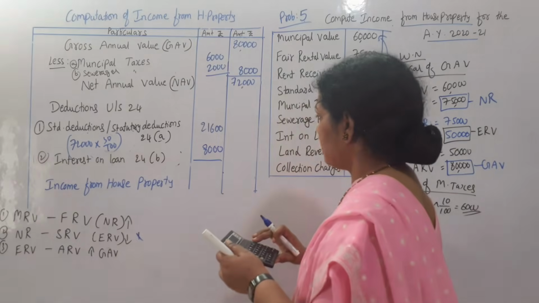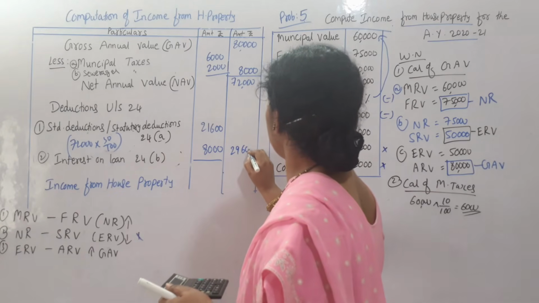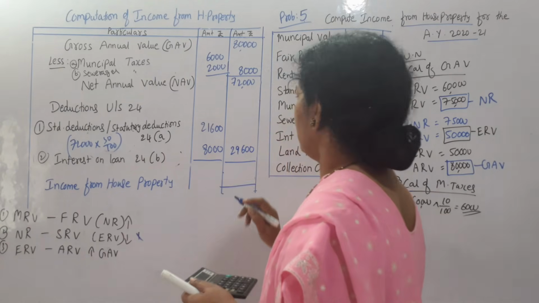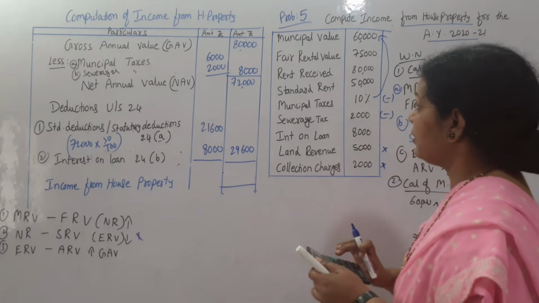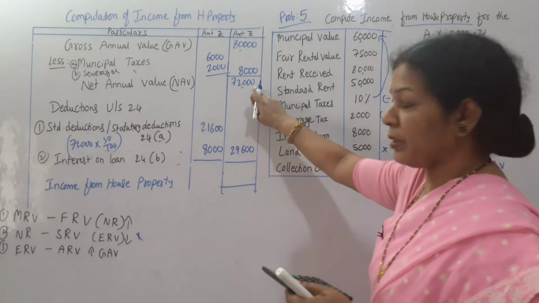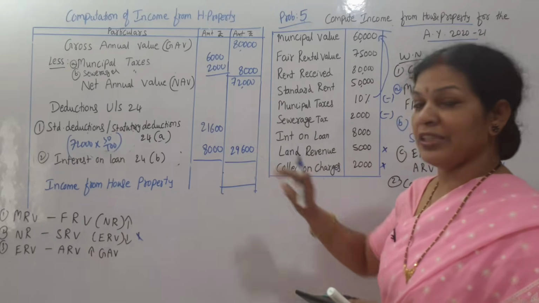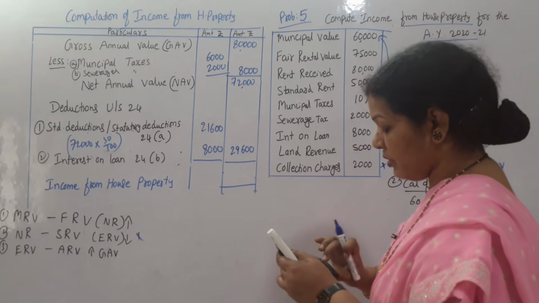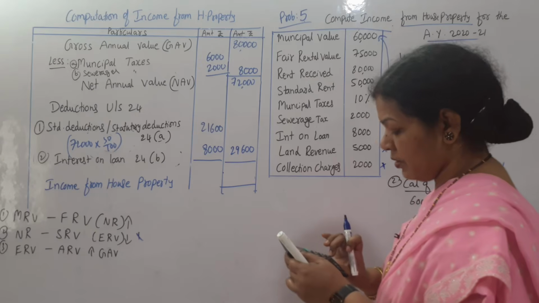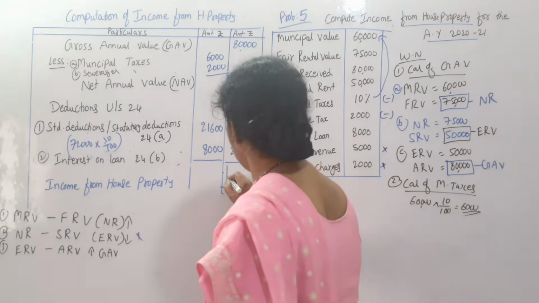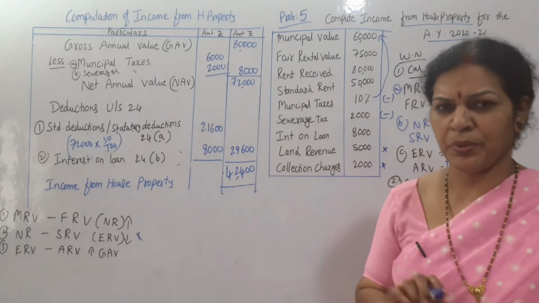If we total both together, it is 29,600. From 72,000, that is the NAV, minus these two deductions, 72,000 minus 29,600, it is 42,400. So this is income from house property. Simple problem, nothing to worry.